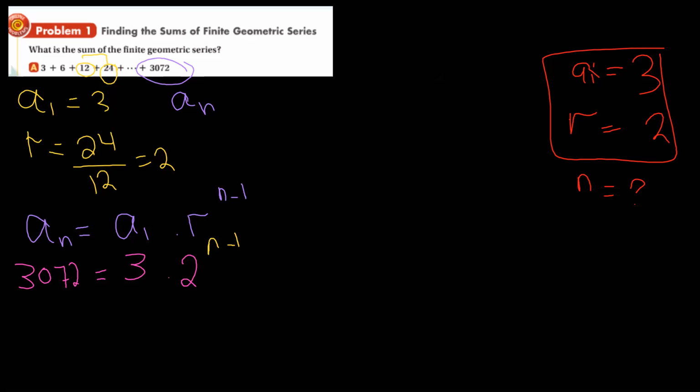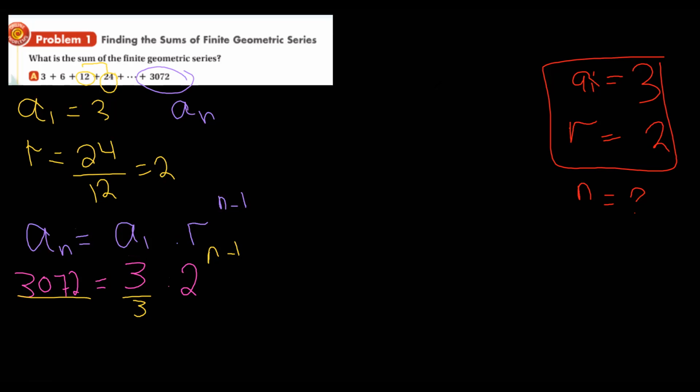What do I have to do in this equation: divide by 2, divide by 3, or subtract 3? Divide by 3 on both sides. Thank you. I will divide both sides by 3.